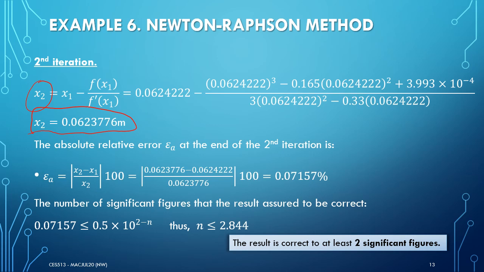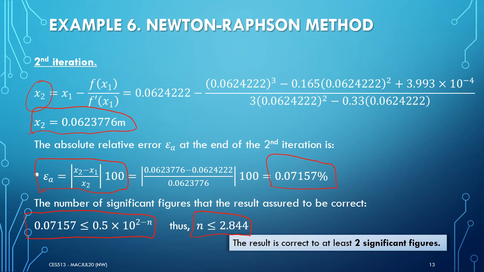Then the absolute relative error at the end of the second iteration, by using the similar equations from before, we get 0.07157%. Then applying the similar formula of estimated error and significant figures, we can get n lesser than 2.844.